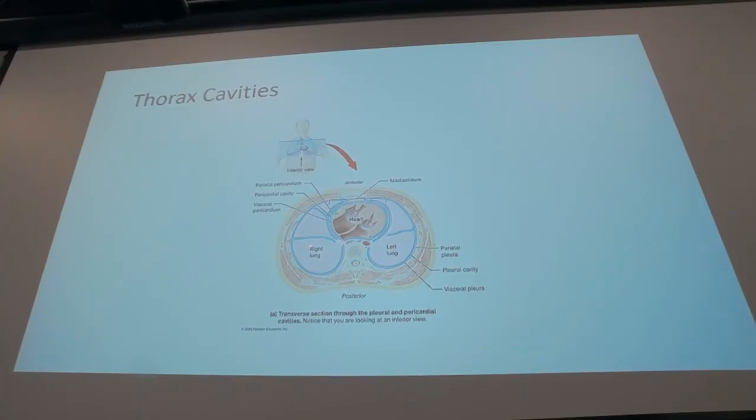And then in here, we have the membranes, like the pericardium that surrounds the heart, and here we have the pleural membranes that surround and protect the lungs.